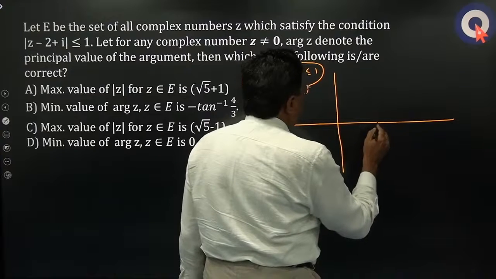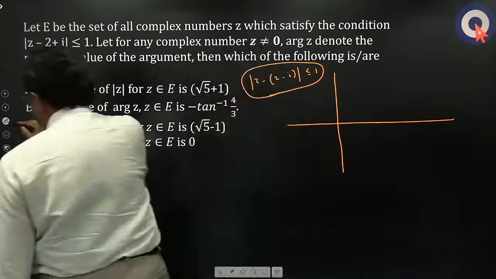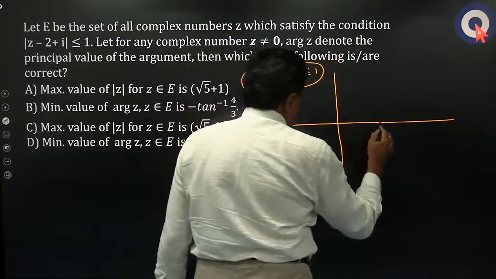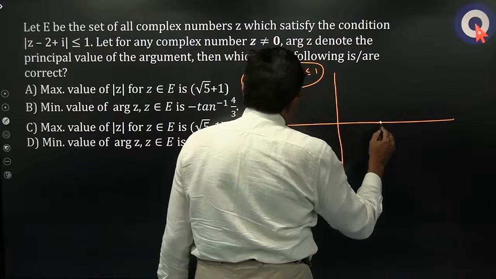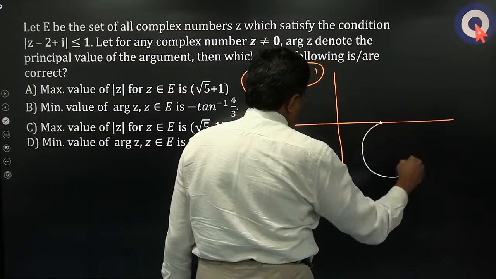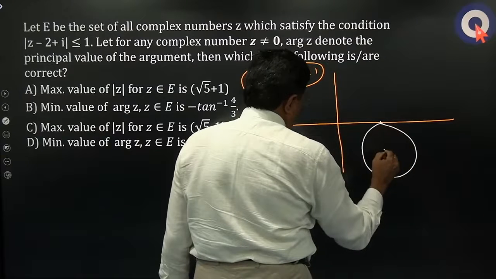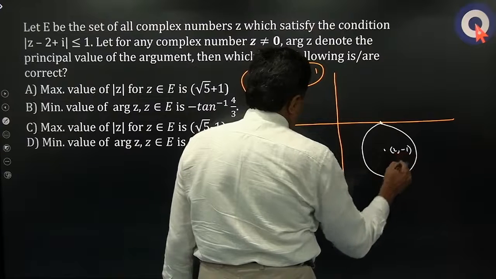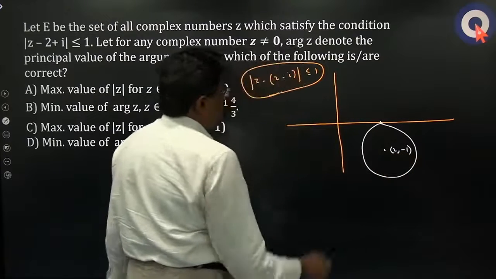All right. So you have a circle like this, center at 2 comma minus 1.